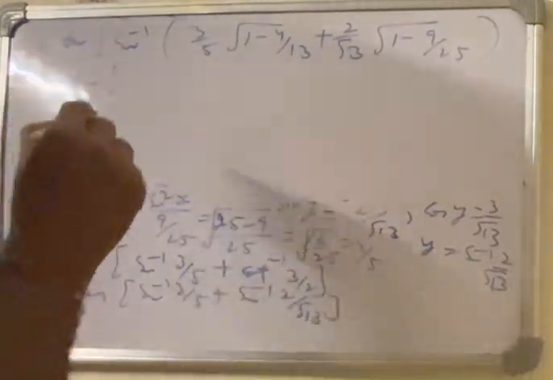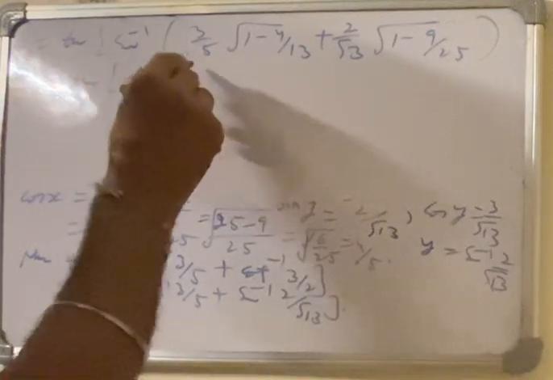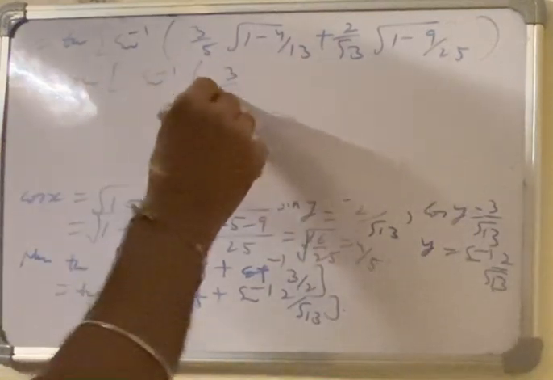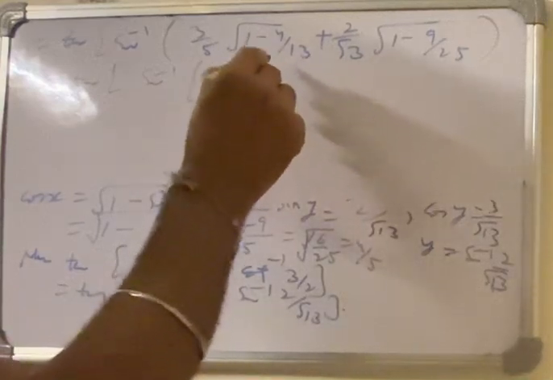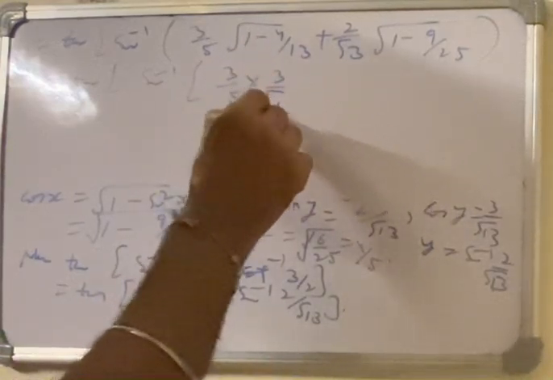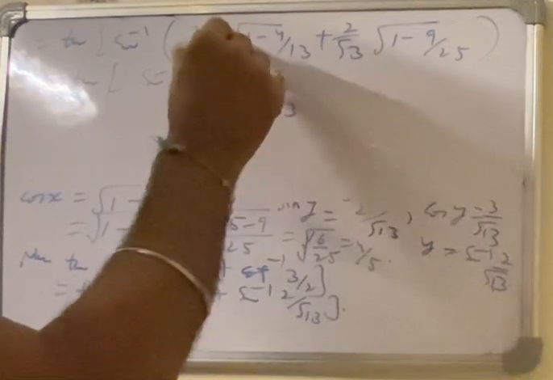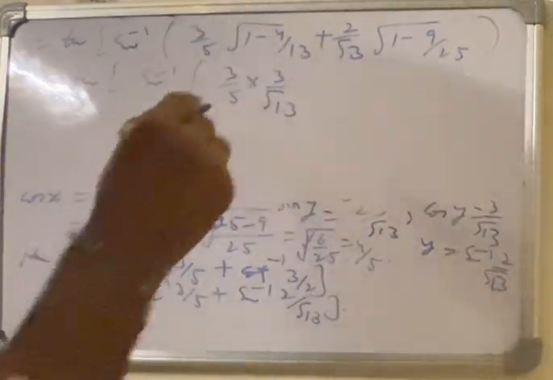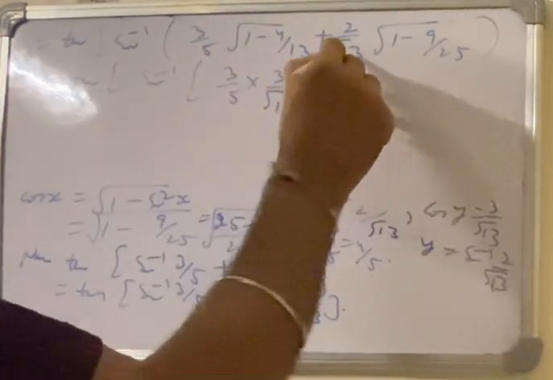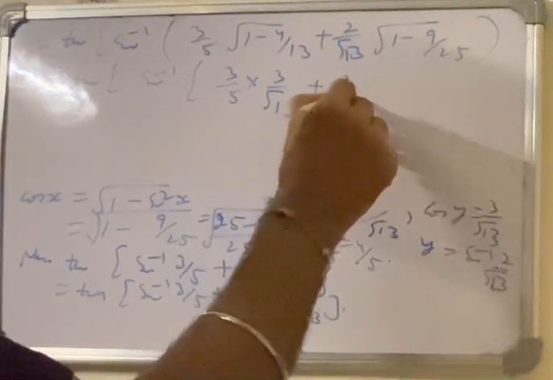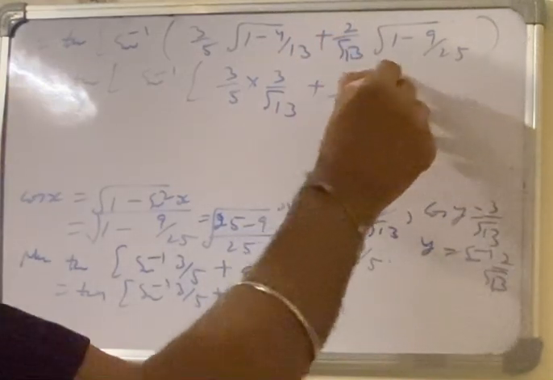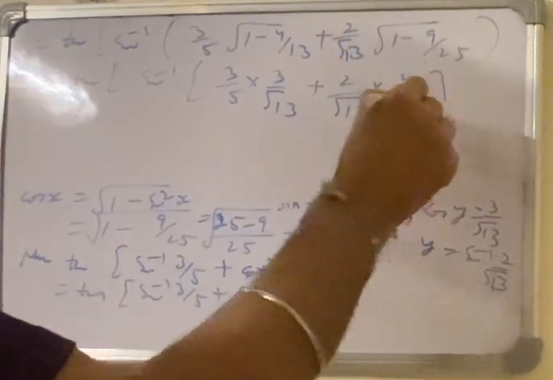This is tan of sin inverse of 3 over 5 into 3 over square root 13, where 13 minus 4 is 9, plus 2 over square root 13 into 4 over 5.